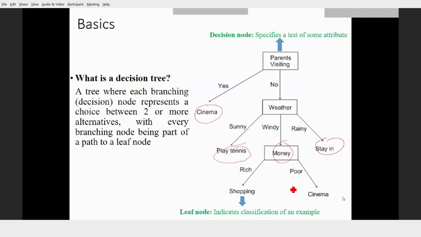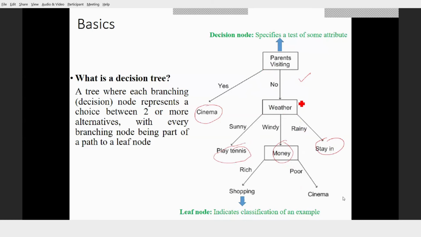So if they are visiting, then surely you go to the cinema, or if no, then you do things like this. Basically, from a data set, this is one of the simplest techniques to understand, termed a decision tree, with a very small amount of mathematics in this topic.